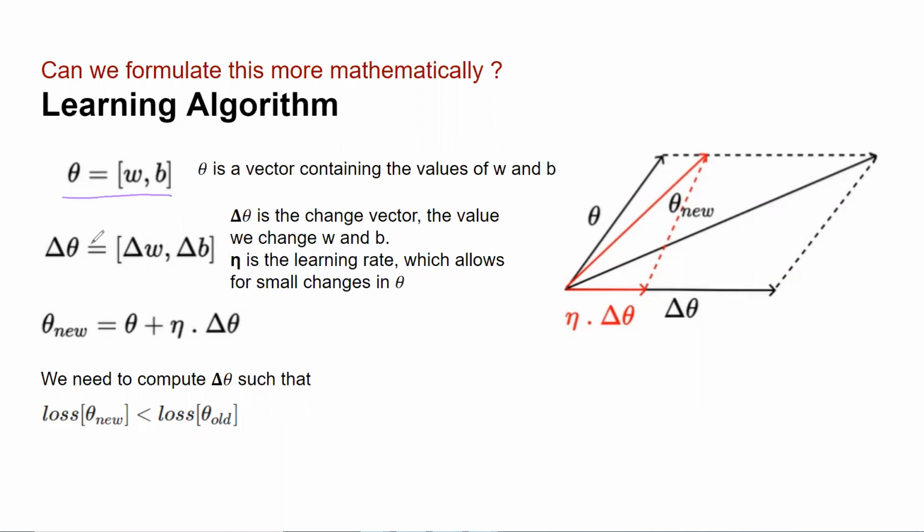Now if you look at the previous equations, we had W equals W plus delta W, and B equals B plus delta B. Now instead of writing these two separate equations, they are combined into one. So delta theta is equal to the vector form of delta W comma delta B. So now these two equations effectively reduce to theta equals theta plus eta delta theta.